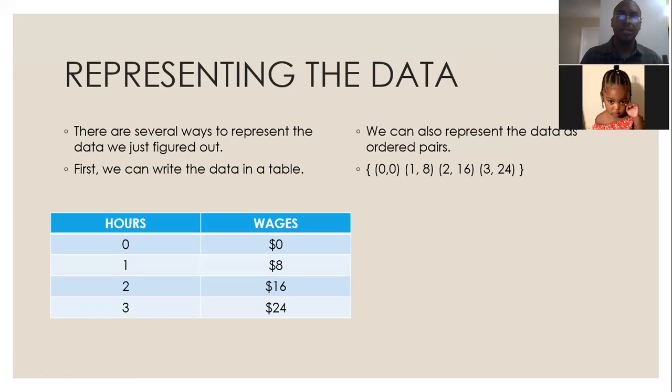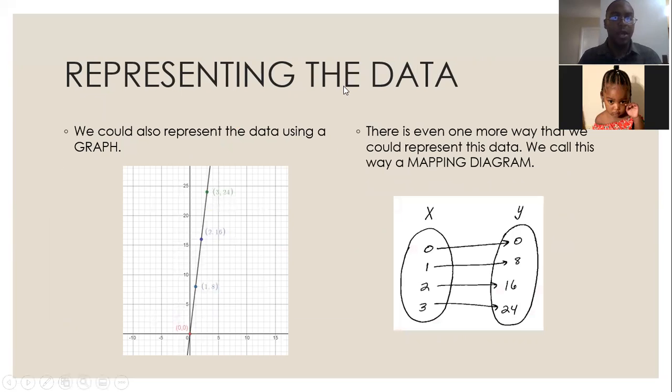And we wrote that as a table. We wrote that as ordered pairs. We wrote that as a graph. And we wrote that as a mapping diagram, which we just defined. Basically, what goes with what? Well, 0 goes with 0, 1 goes with 8, 2 goes with 16, 3 goes with 24, right?